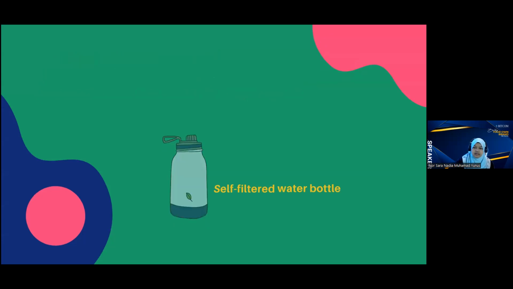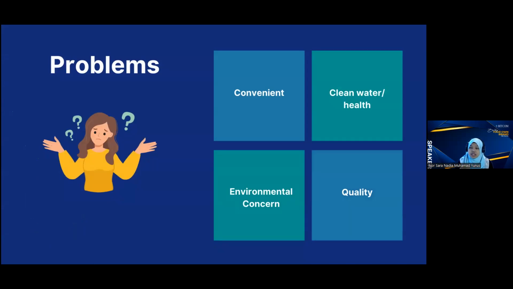I've assumed four problems currently experienced by our potential customers. Number one, our self-filtered water bottle, the one I showed just now, could solve problems for people who love to travel, who love outdoor activities and are looking for a portable water filter. Obviously, this group of people are looking for what we call convenience.